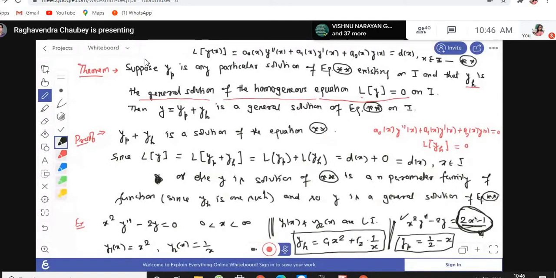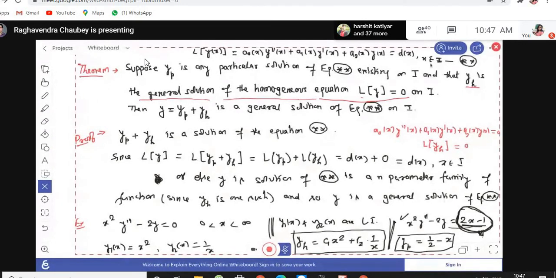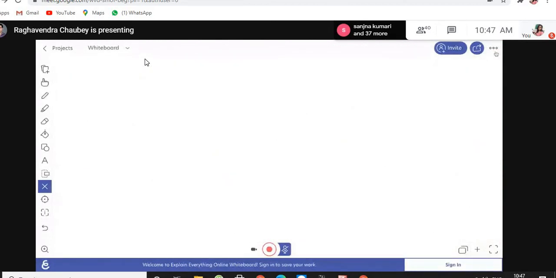Then the general solution equals homogeneous plus particular. So in the next page we will discuss the method of variation of parameters, and that method is applicable for finding the particular integral.